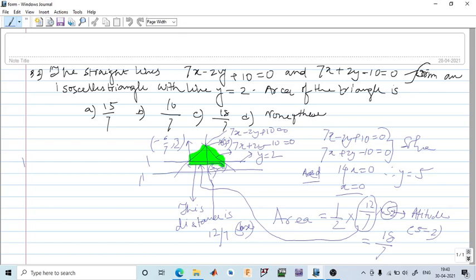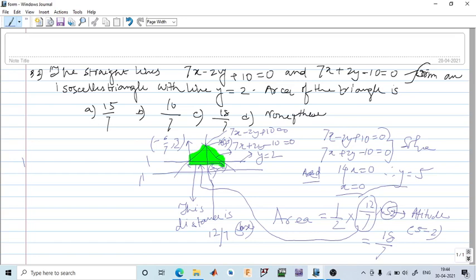The two equations, if we solve, what will we get? You will get that the point of intersection lies on the y-axis. You will get the point 0, 5. Please solve it, I have solved it here, right? So whenever you get this, then just see, you have the upper point and the lower line, the baseline, is y equals to 2.